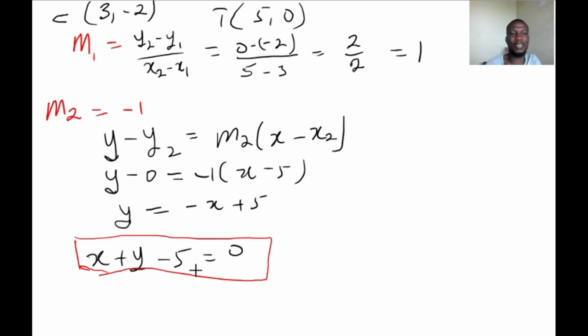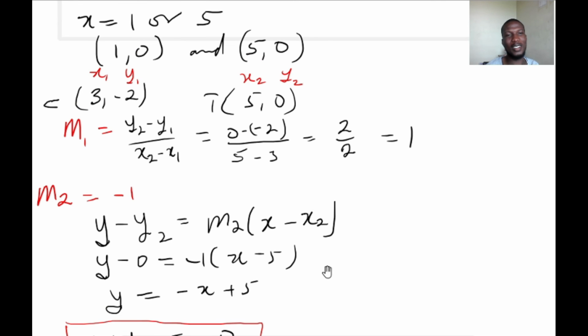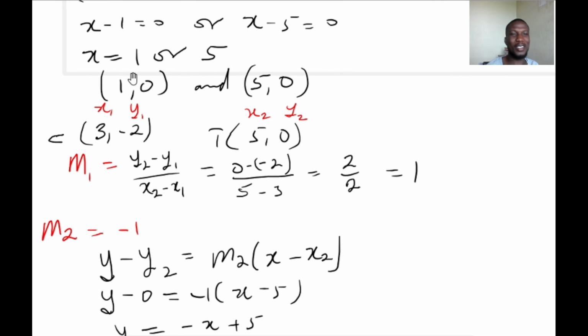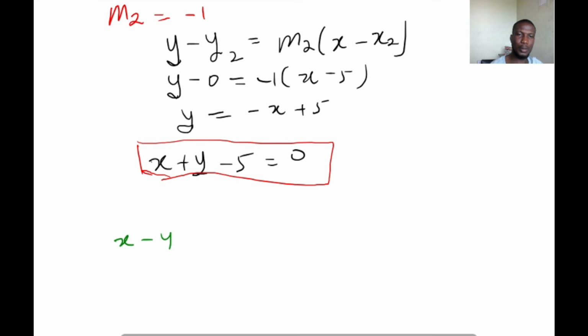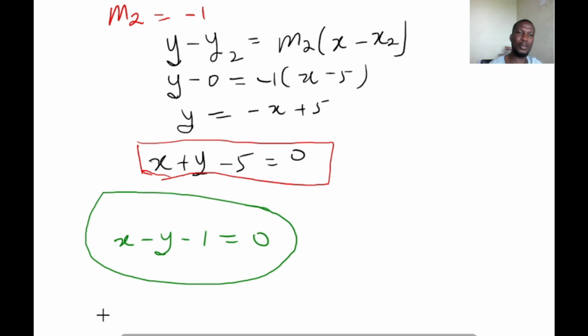You can also use the other point. You can find the equation of the tangent at this point just to make you understand, and that equation will be x minus y minus 1 equals 0. That will be the equation of the tangent through the other point A on the GeoGebra.